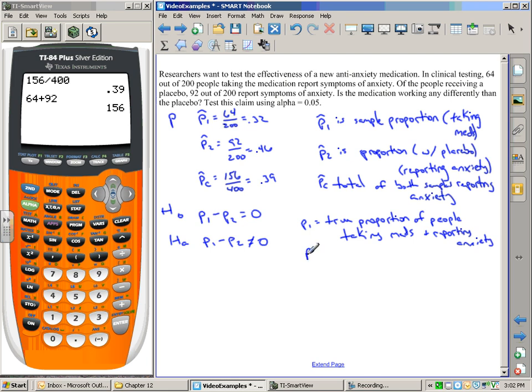And P2 is true proportion of people taking a placebo and reporting anxiety symptoms.